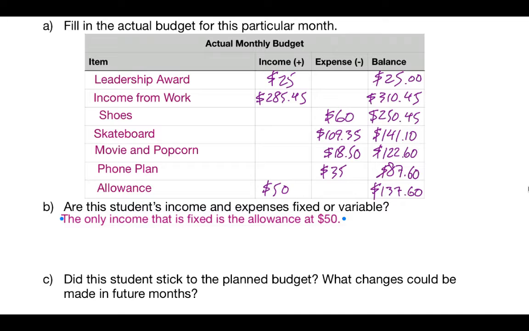And so, you take a look at the income from work, it was $285.45. Normally it's less than that, but when you're working a part-time job, it's not unusual to get paid a little bit more in some months if you work more hours and less in other months if you're working less hours. The leadership award is probably not something that this person is going to earn every month, but they happen to get it this month, so they got a little bit more money overall.